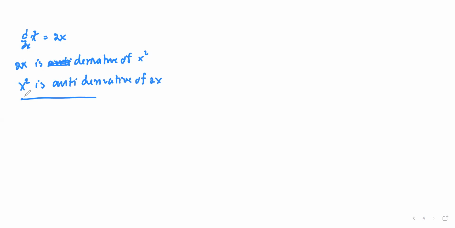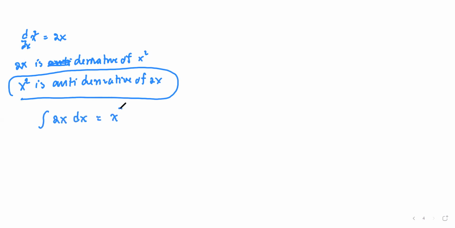So with information like this, we can write it as the integral of 2x with respect to x is x squared plus the constant c.